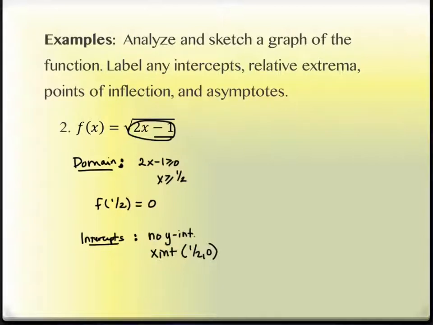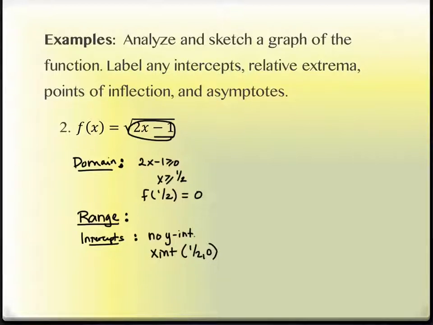We didn't deal with the range on the last one because it was not super helpful, but it would be helpful on this one. Because I'm dealing with a square root function, remember range is output values. What kinds of values come out of a square root? Only positives.